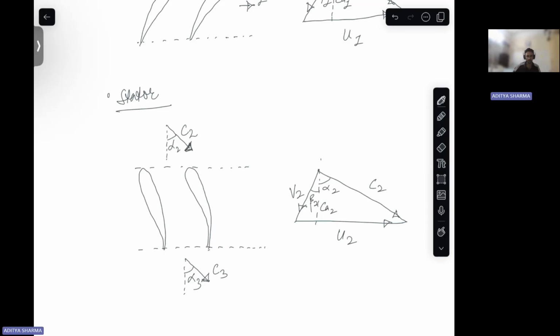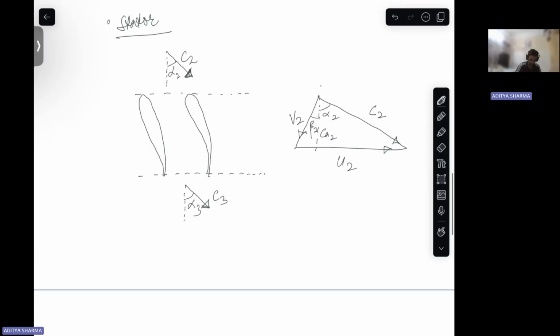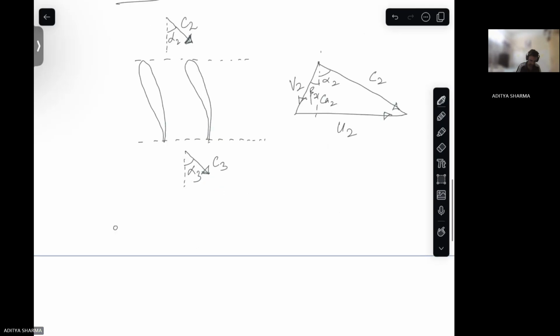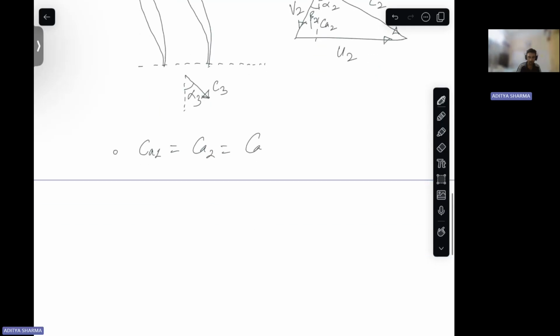So this is it. Few things to note are, first, your axial velocity. If you see the axial velocity, it remains constant in your axial flow compressor, right? So your CA1 is equal to CA2, and we can just give it a common name.